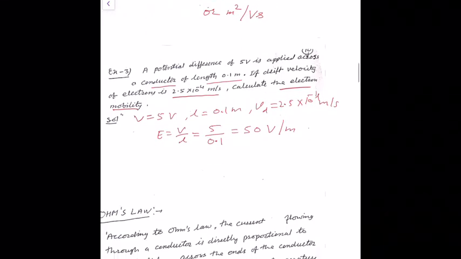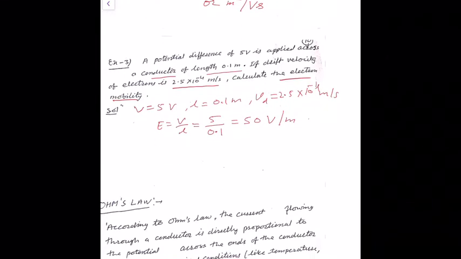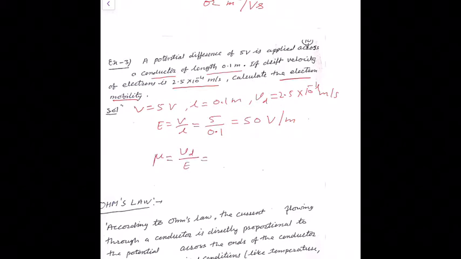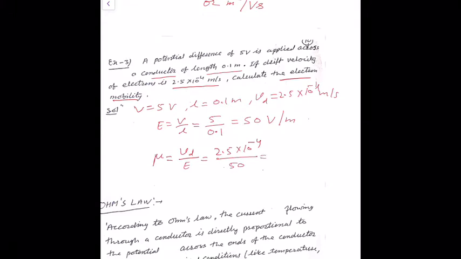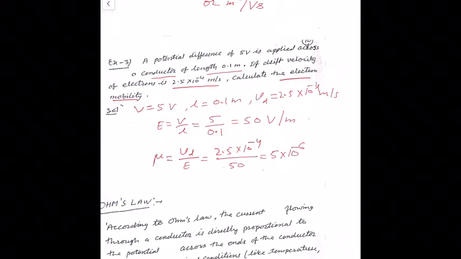Now the electron mobility mu equal to Vd upon E, or 2.5 into 10 to the power minus 4 upon 50. After calculation we will get 5 into 10 to the power minus 6 meter square per volt per second.